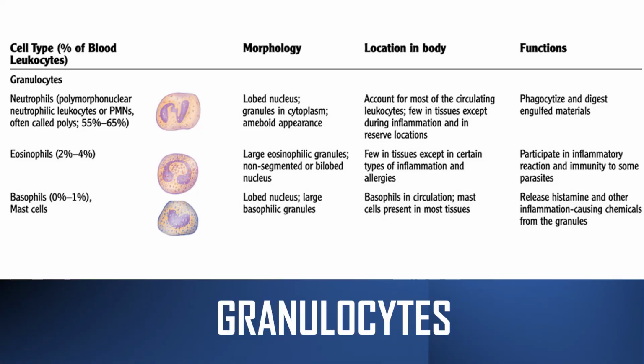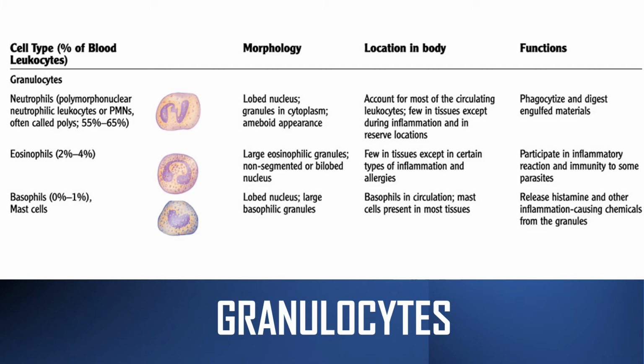Let's summarize what we learned about granulocytes. There are three types of granulocytes: neutrophils, eosinophils, and basophils. Neutrophils are also known as polymorphonuclear neutrophilic leukocytes or PMNs, also called polys. Their morphology includes a lobed nucleus, granules in the cytoplasm, and an amoeboid appearance.